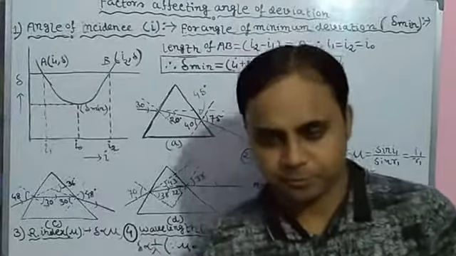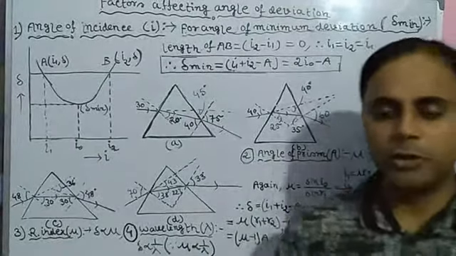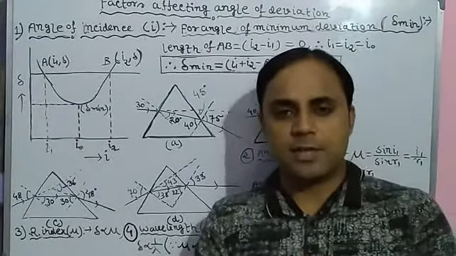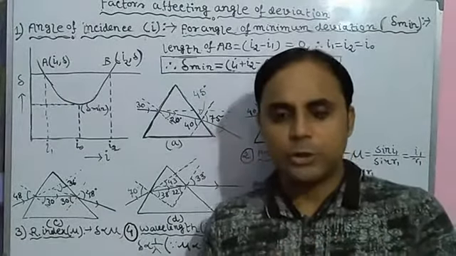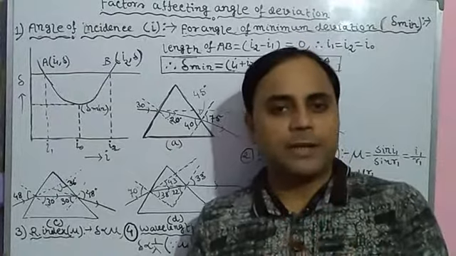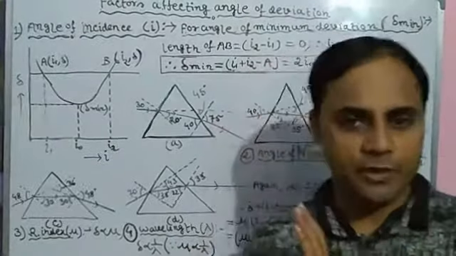Welcome back once again. In the last video, we saw and discussed refraction of light through a prism. There we saw a new term, that is deviation, the angle of deviation.